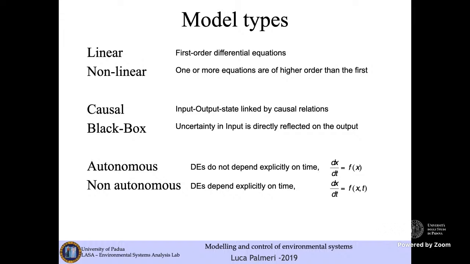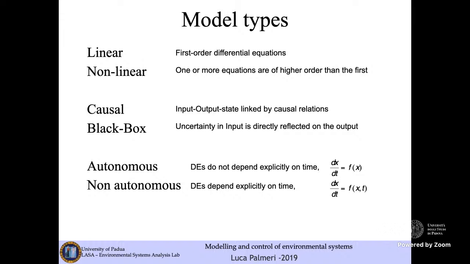From the epistemological point of view, we may also distinguish models that may be defined as causal or black box models. The causal models are the reductionistic type models, Cartesian if you want, a Cartesian approach. In this case, we may identify causal relationships between inputs and output state description.